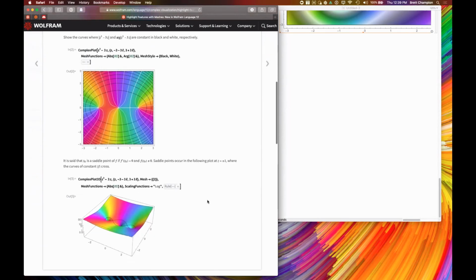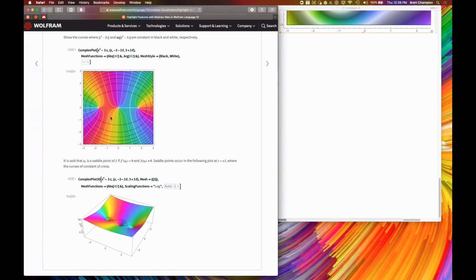Saddle points are typically going to show up where, well, you can see that there's a saddle point because these mesh lines start to diverge from each other.